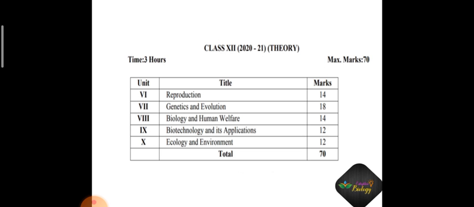The 8th unit is biology and human welfare, 14 marks. Biotechnology, the 9th unit. The 10th unit is ecology and environment. Both carry 12 marks each. So totally 70 marks.